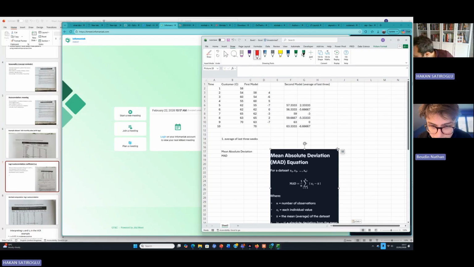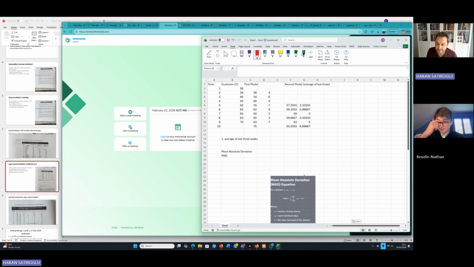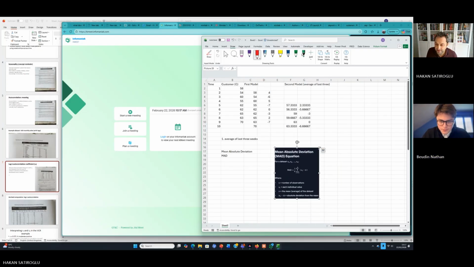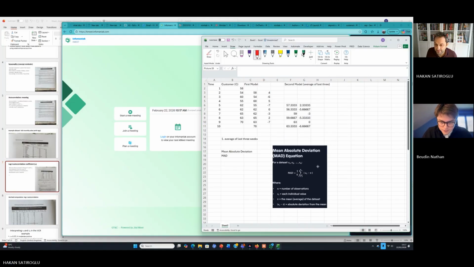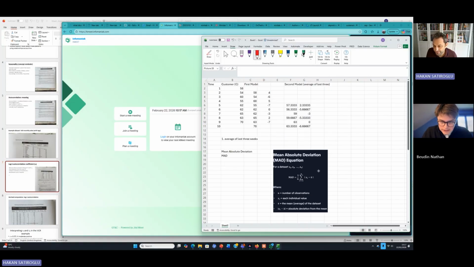This is the formulation: the absolute values of these need to be summed and divided by the number of samples.